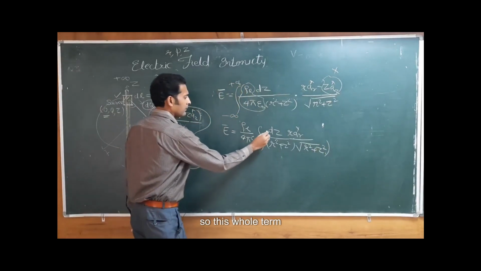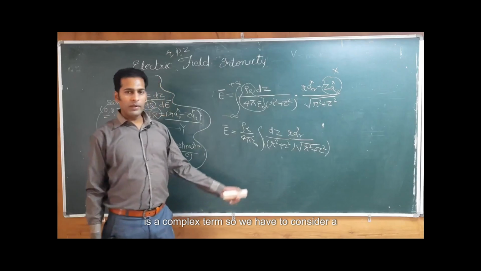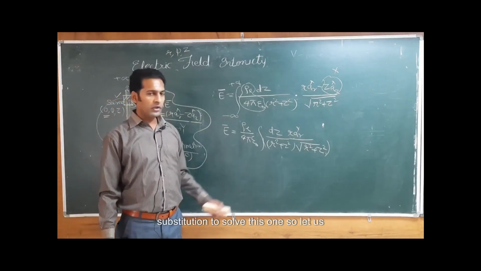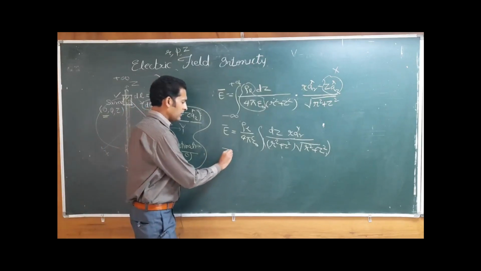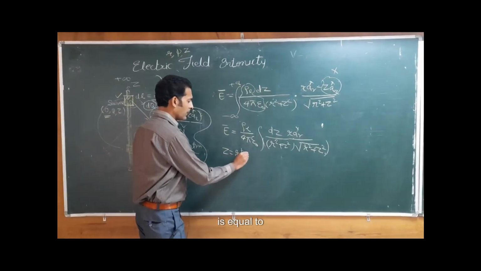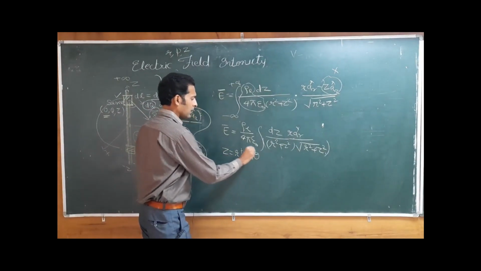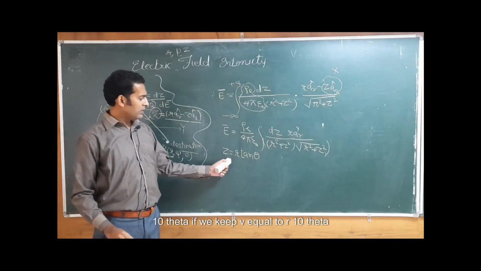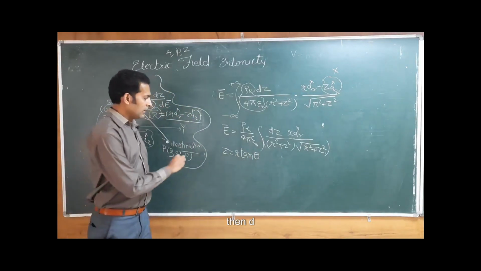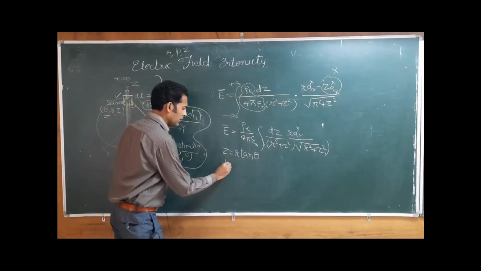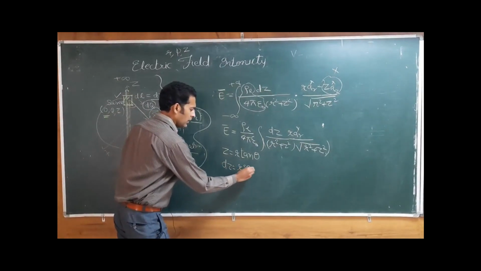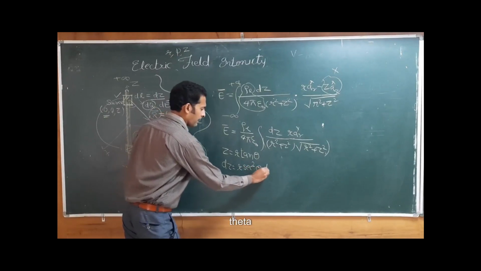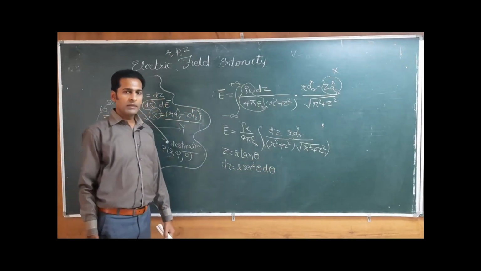So this whole term is a complex term. So we have to consider a substitution to solve this one. So let us consider z is equal to r tan theta. If we keep z equal to r tan theta, then dz will be r secant square theta d theta.